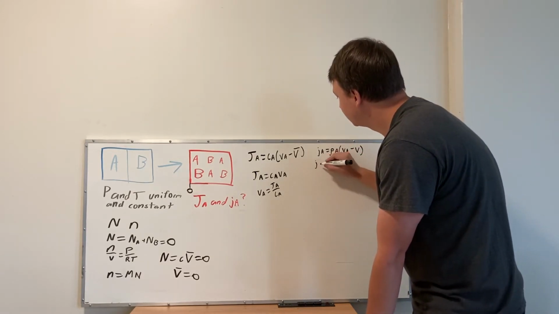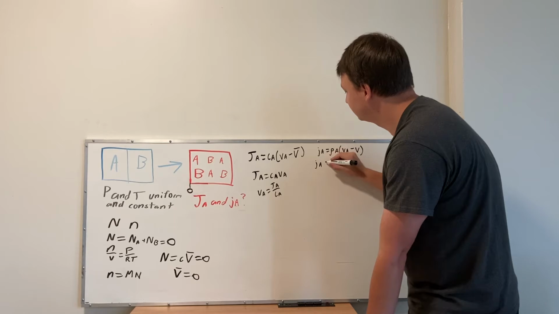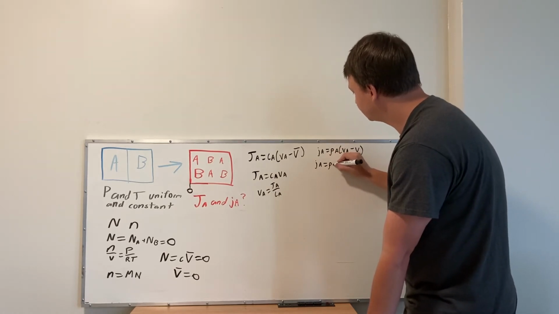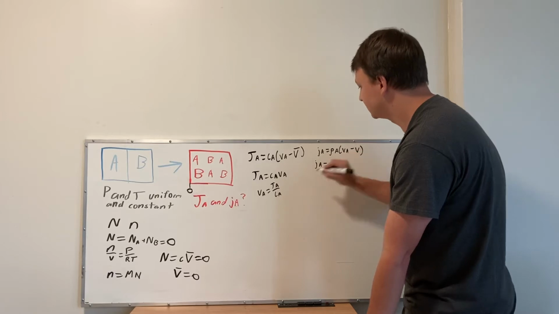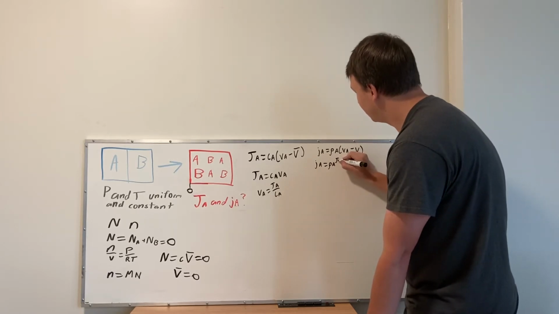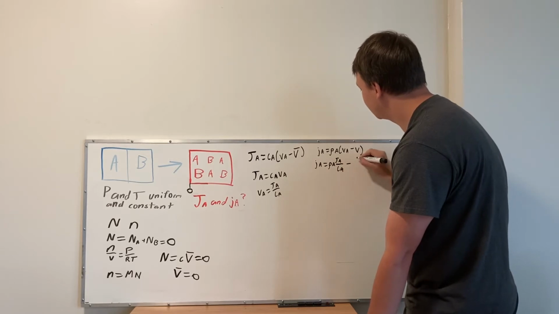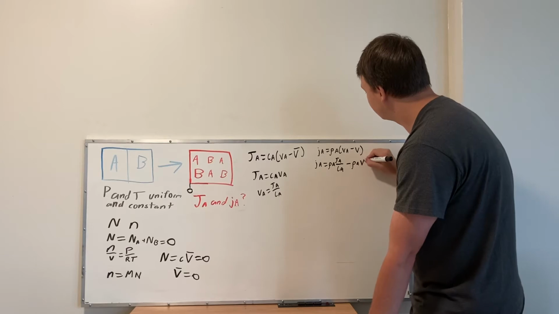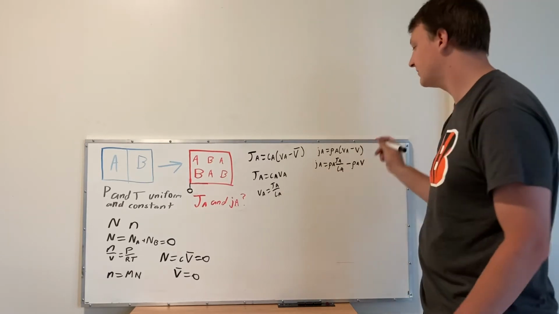We get the mass diffusive flux equals the density of A times molar diffusive flux of A over the concentration of A, minus density of A times the total mass velocity average.